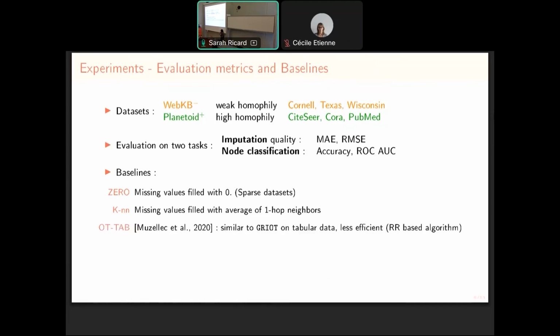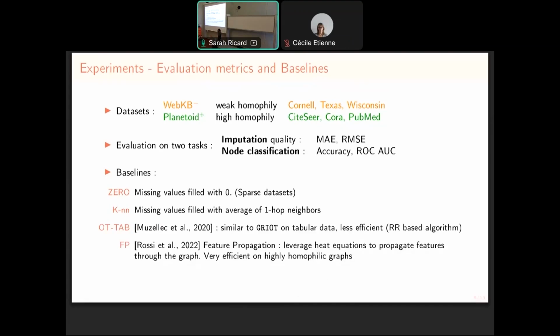And for the strong baselines, we evaluate against OT-tab, which would be the model of Muzellec et al., which is similar to GRIOT, but works only on tabular data. So it means that we get rid of the graph structure just to see if it's relevant to use it or not. And we evaluated against feature propagation, which at the time of publication was the state of the art.